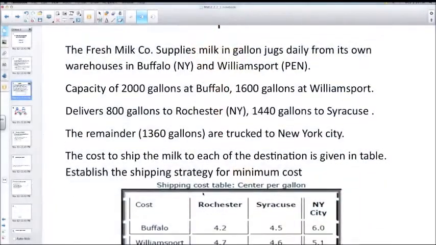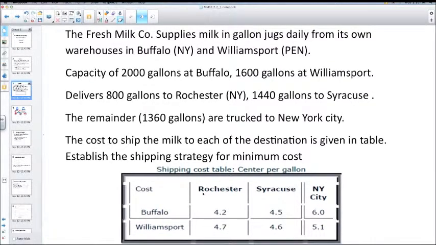So let's start from a new example, and see the difference from the example we had in last lesson. Well, there is a small milk company that supplies milk from two warehouses. One in Buffalo, New York, another one in Williamsport.